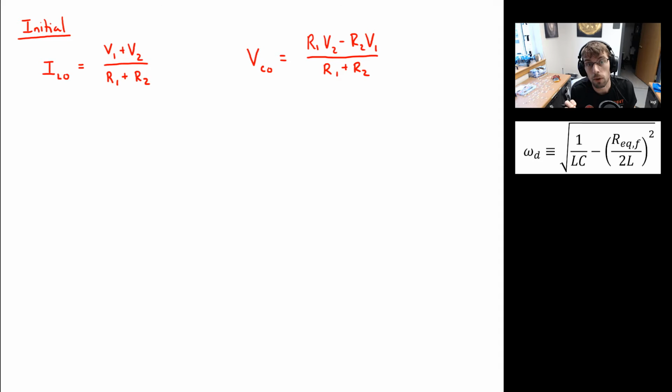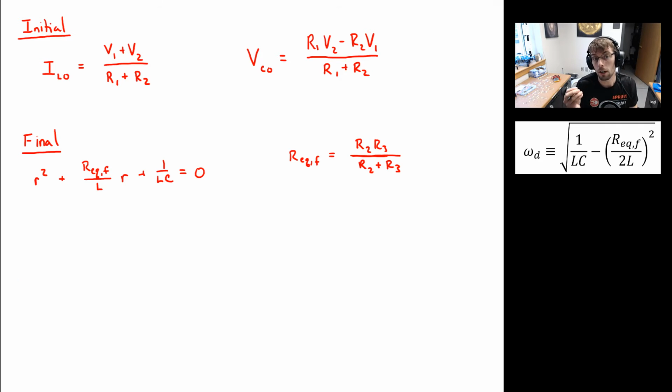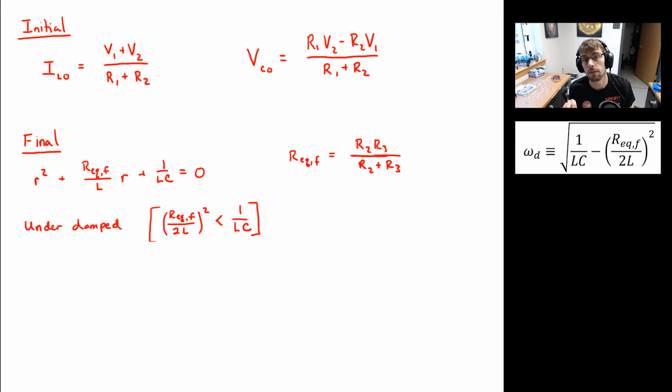Through node voltage, we arrived at a second order differential equation. From that, we can form our characteristic equation, which I have written here. After that, we look at the coefficients of the linear term and the constant term, and we compare those two. From that, we can determine the behavior of the circuit.